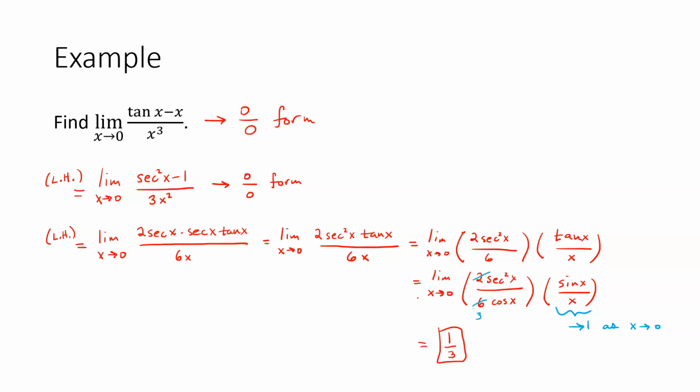Okay. So you notice that here, even though it was in the 0 over 0 form, you could have kept going with L'Hopital's rule. But actually, in this case, that might have sent us down the wrong path, because if I were to do another derivative, it's going to get a lot more complicated. Of course, I would have to use the product rule and some chain rule all mixed together.